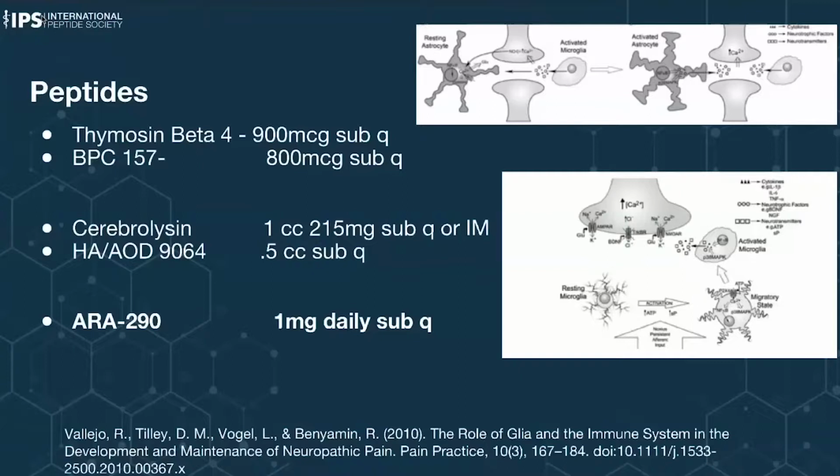And to some extent, you're doing that with the TB4 and the BPC. But specifically, you're also following up with these growth factors that are going to work also within the dorsal root ganglion. They're going to work within this dermatome level within the spinal cord, and they're going to work on the microglial activation.